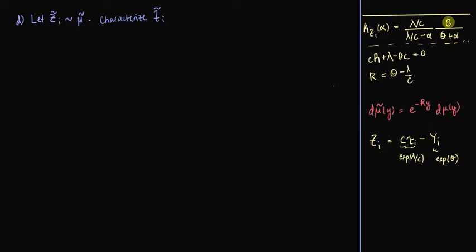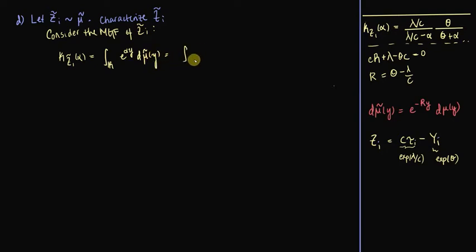So let's start calculating. And the way we do this is by considering the moment generating function of z tilde. So the moment generating function of z tilde is given as the integral of e to the alpha y with respect to the distribution mu tilde.